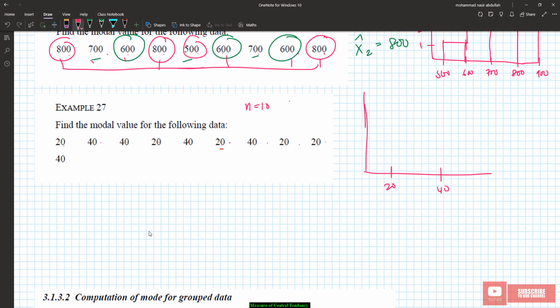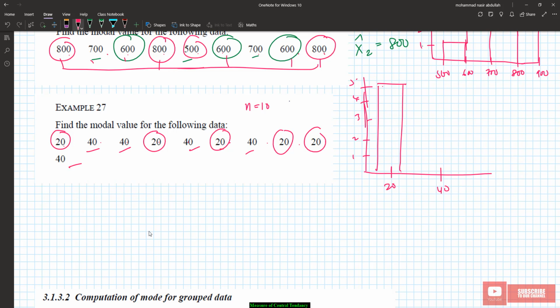So this is 1, 2, 3, 4, 5. So 20 we have 1, 2, 3, 4, 5. So we have 5. In 40 also we have 1, 2, 3, 4, 5. We have 5 also.